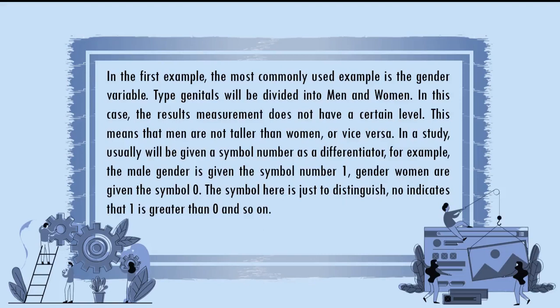In a study, a symbol number will usually be given as a differentiator. For example, the male gender is given the symbol number 1, and the female gender is given the symbol 0. The symbol here is just to distinguish, not to indicate that 1 is greater than 0 and so on.